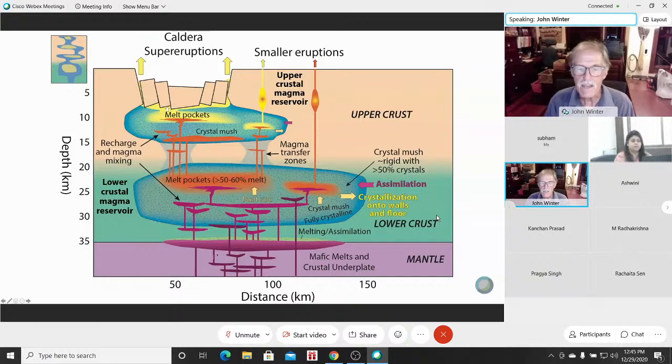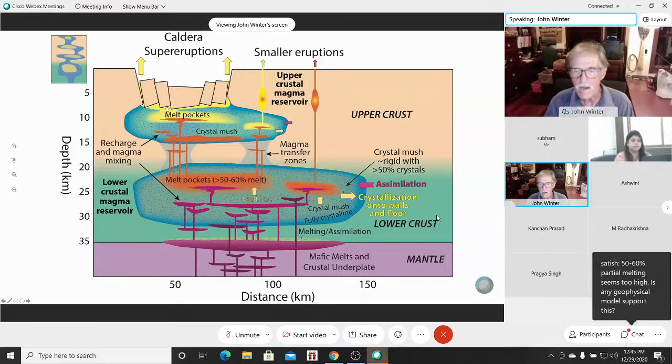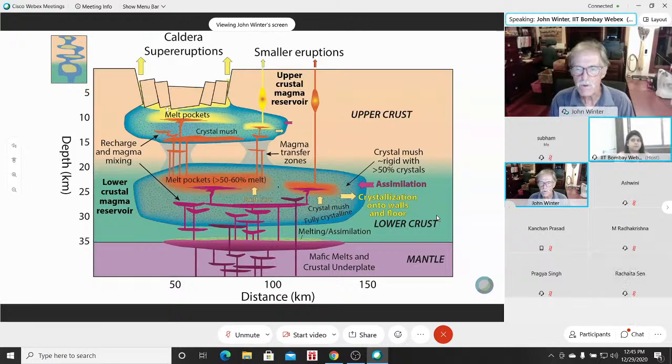So if I understand the question correctly, you can produce compositional variation from a single magma chamber, but the isotopic heterogeneity would be a source characteristic and would depend more on the inputs to the magma chamber as well.